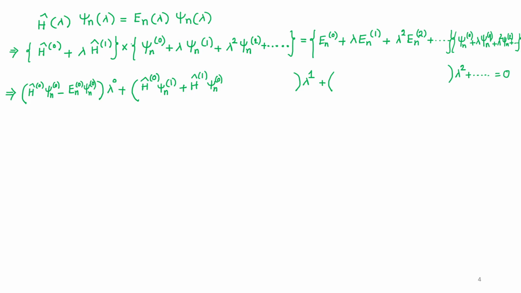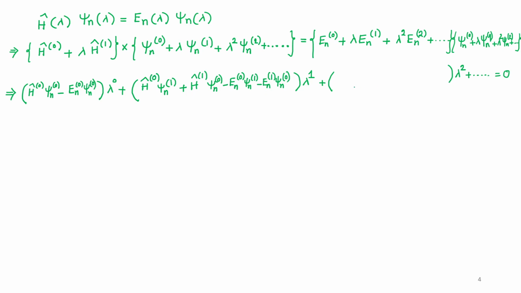Now if we are going to have something else that has lambda square or higher order of lambda, so this LHS is done for this case. Now we have to look at the right hand side and take these things to the left hand side, so that we have minus to start with, and similarly we have E n 0th order psi n first order, then we have E n first order psi n 0th order. So this part is also complete.